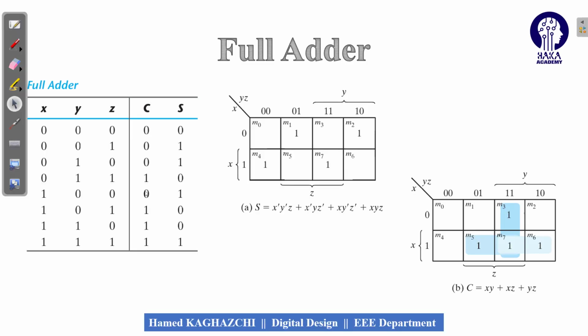Now let's rewrite this C, the Boolean function of this C, in the form of the min term. All of the ones can be written as the form of the min term. Now let's write again the truth table of this full adder, and I will explain how we can do it.